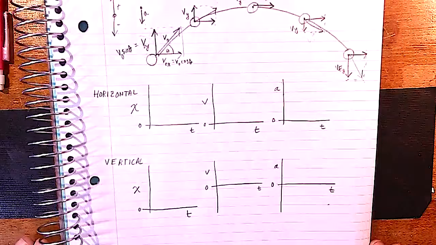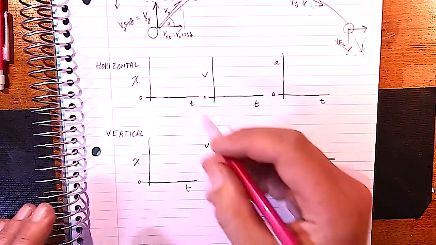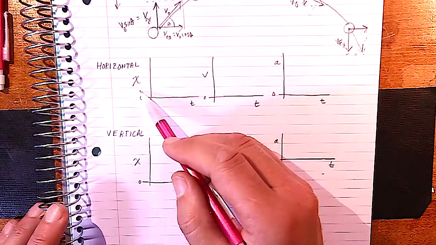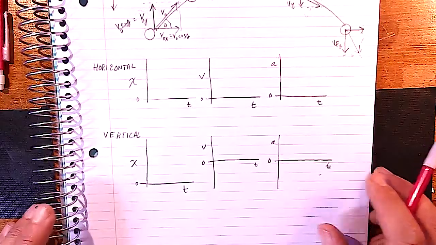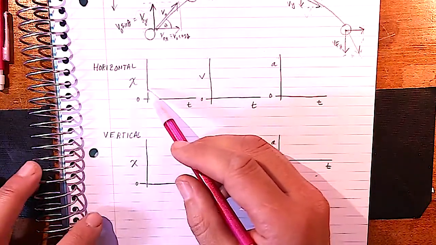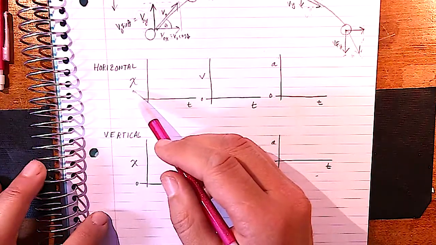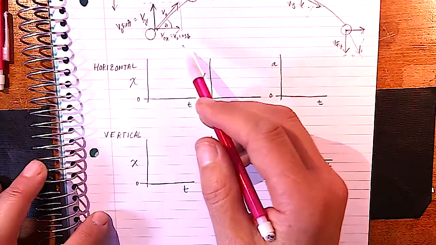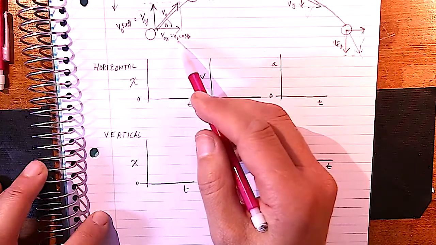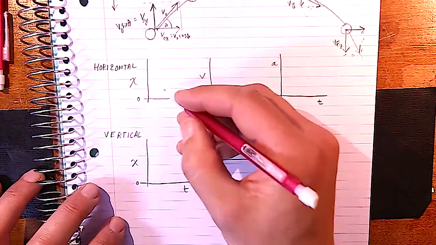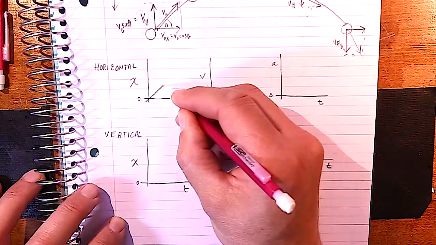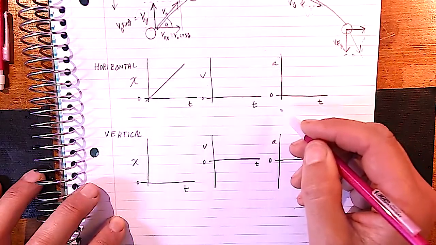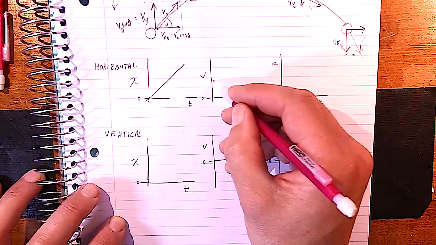So what do the graphs of this look like? Well, the horizontal position graph is going to not change. Well, the position changes, but the velocity is constant. So if the velocity is constant, the position is going to increase at a constant rate. So what does that mean in terms of the velocity?